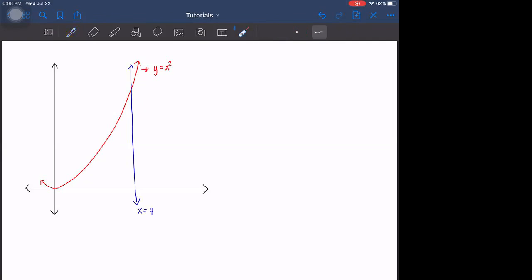What is the equation of the x-axis? Anybody knows what the equation of the x-axis is?